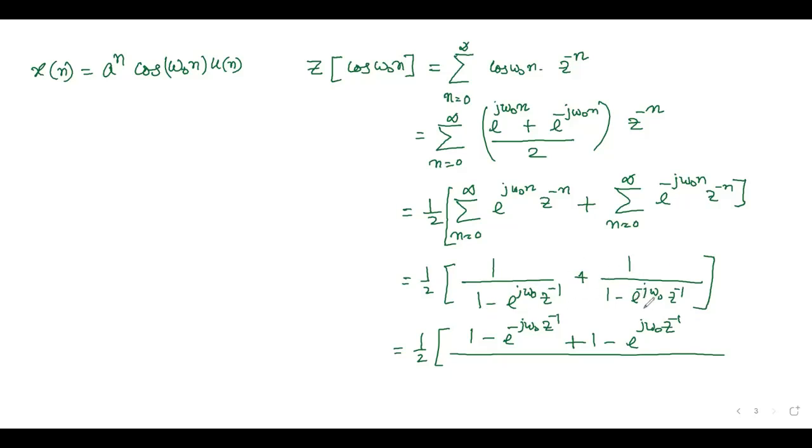And the denominator is 1 multiplied by 1, this multiplied by this, and this multiplied by this, which gives e to the power j omega 0 plus e to the power minus j omega 0 times z inverse, plus the product of the two terms will be z inverse squared, minus 2. Check carefully whether I made a mistake.